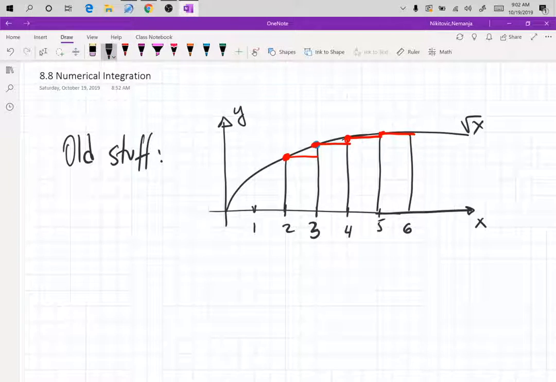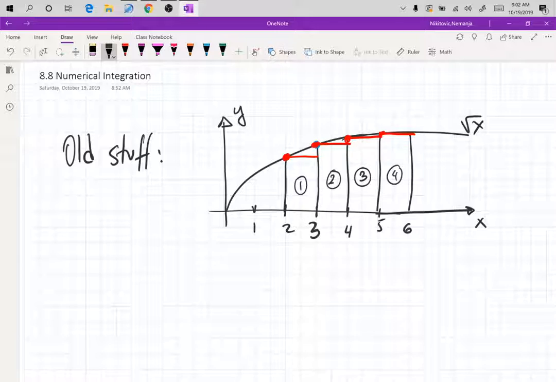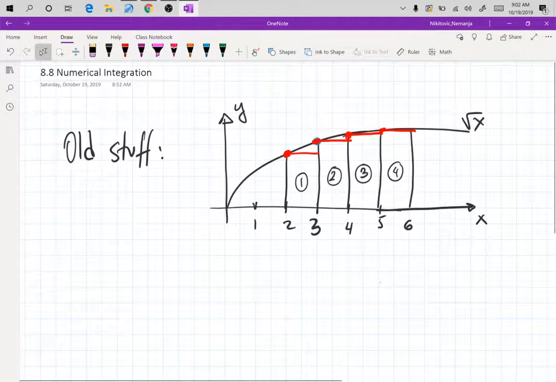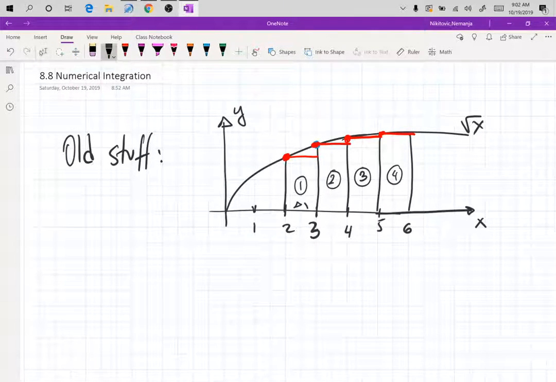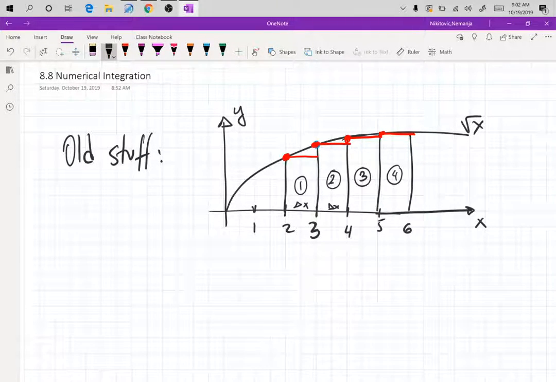So we are going to have, in this case, 4 rectangles. And when you calculate their area, you see first that you have the delta, we call this delta x, each one of these lengths. In this case, they're all the same width.